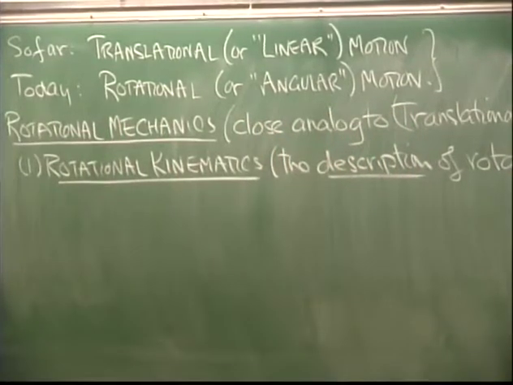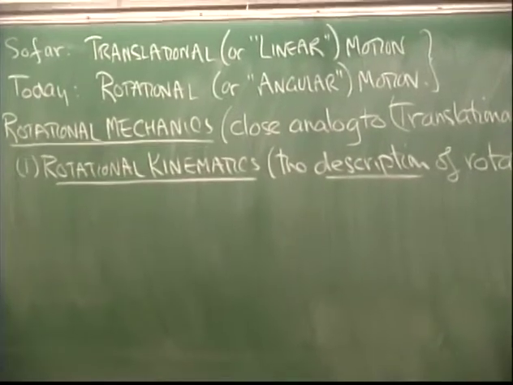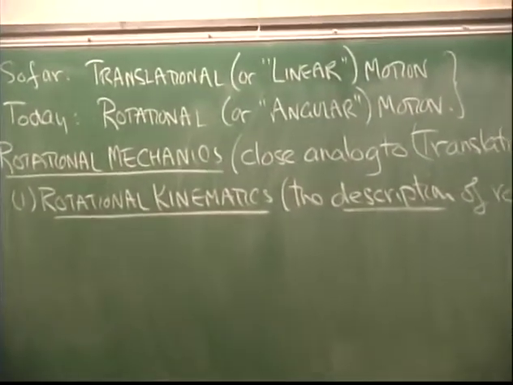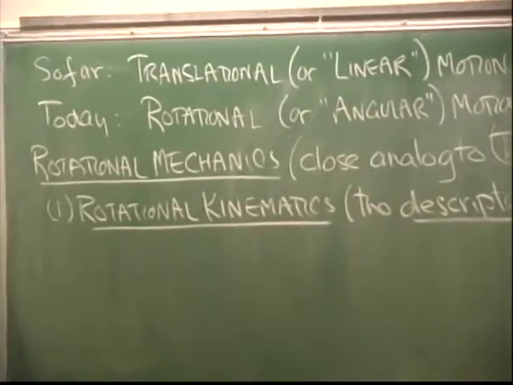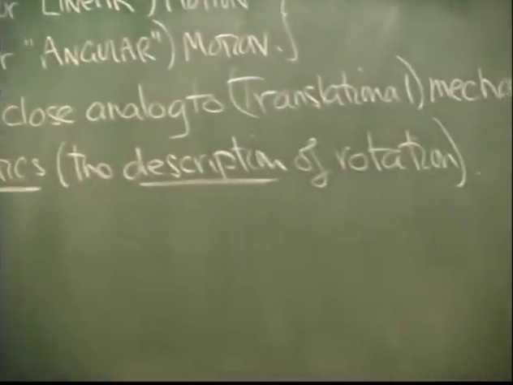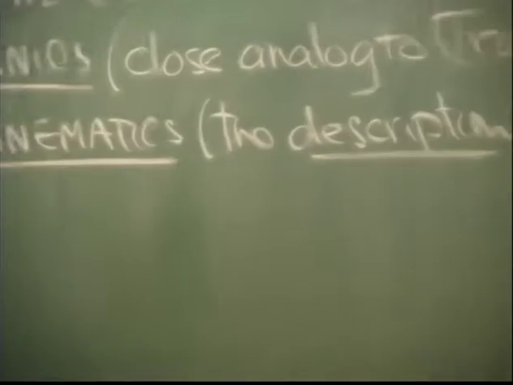So I construct exactly the same three quantities that we did for translational kinematics. There it was position, velocity, acceleration. Now it's going to be angular position, angular velocity, angular acceleration.